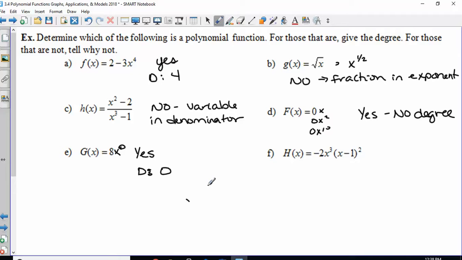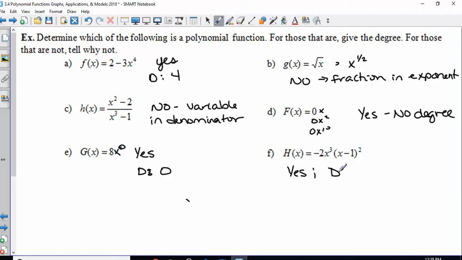So if it's a constant, your degree is 0. There are no x's with that term. A degree is like saying how many variables are in the term. So for just a plain number, there are none. Okay. Last one. Would that one be a polynomial? Yes.